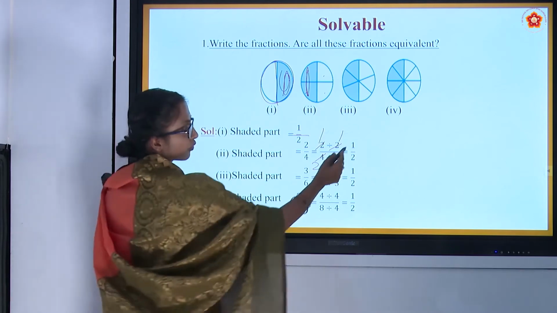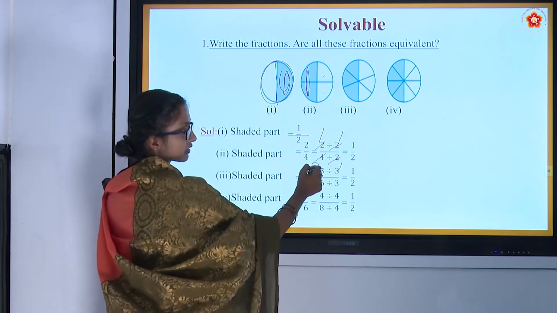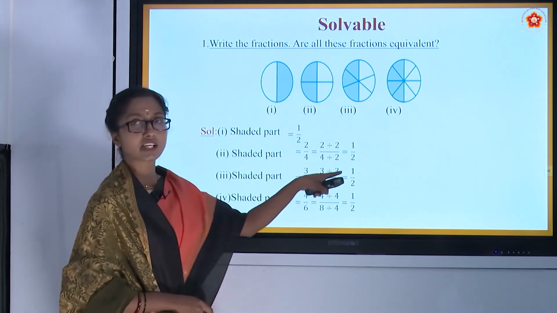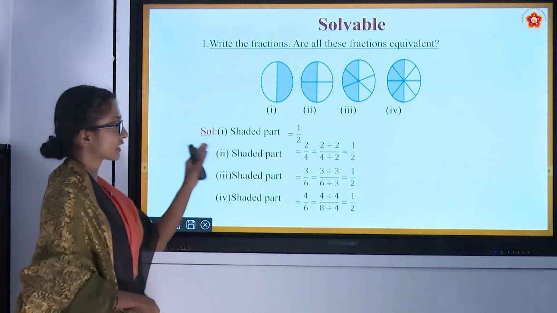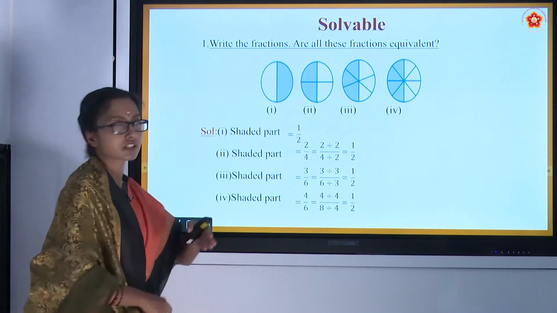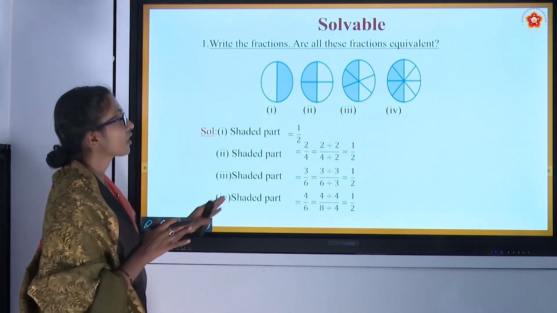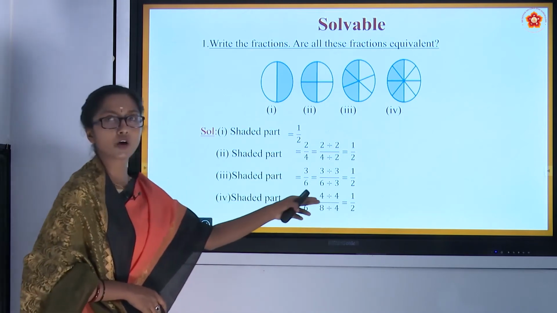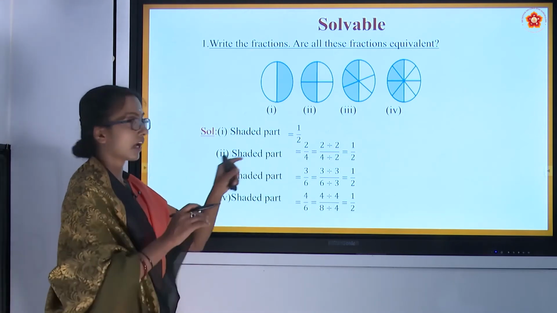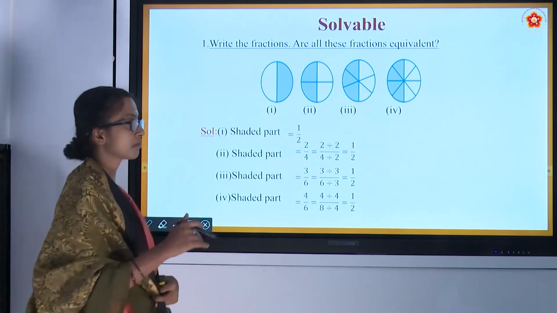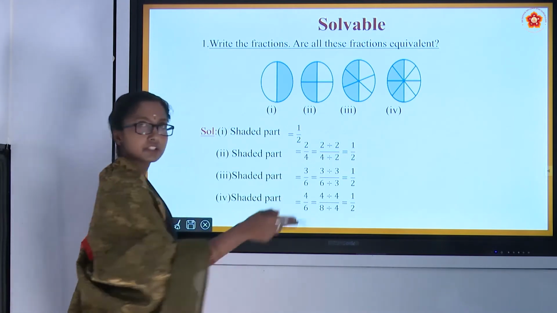It will go to 1 by 2, you will get the answer. That is an equivalent fraction. Fine, just now we studied what we mean by an equivalent fraction. It is divided equally. Are they equal or not? We will just check them. How? Will the numerator and denominator both come in the same table or not? We'll divide and check it.